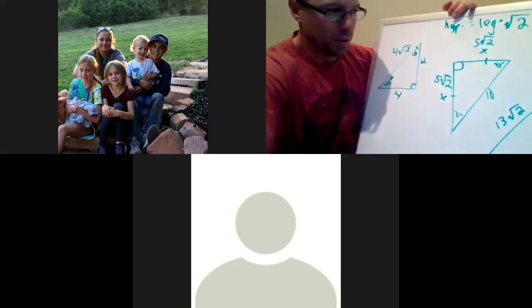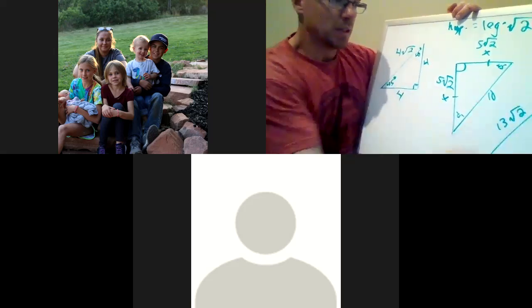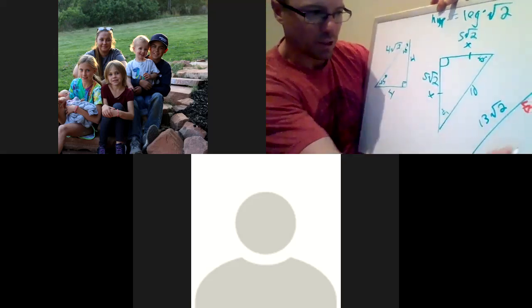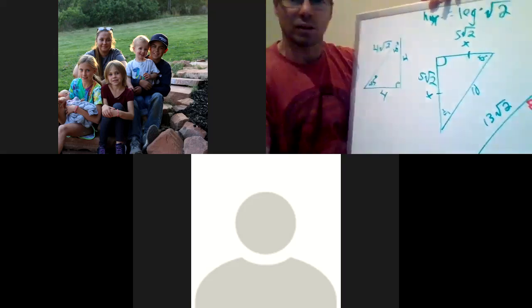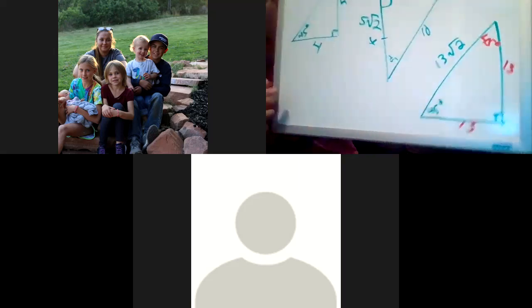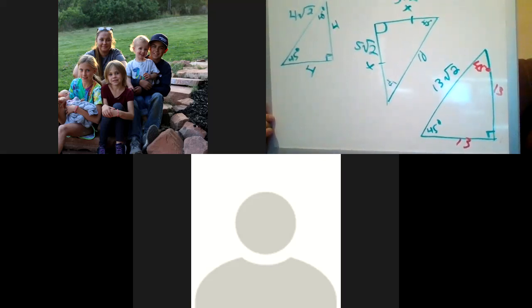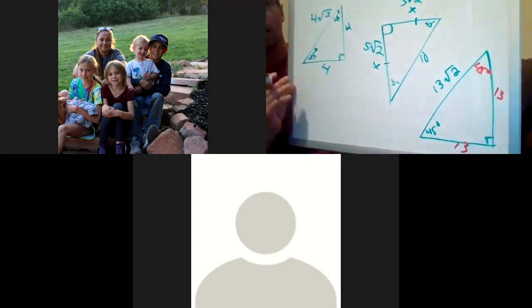Using triangle sum, it's got to be 45 degrees. 45, 45, 90. My hypotenuse is 13 root 2. That just means the legs had to be 13. It's 13 times root 2 equals 13 root 2.